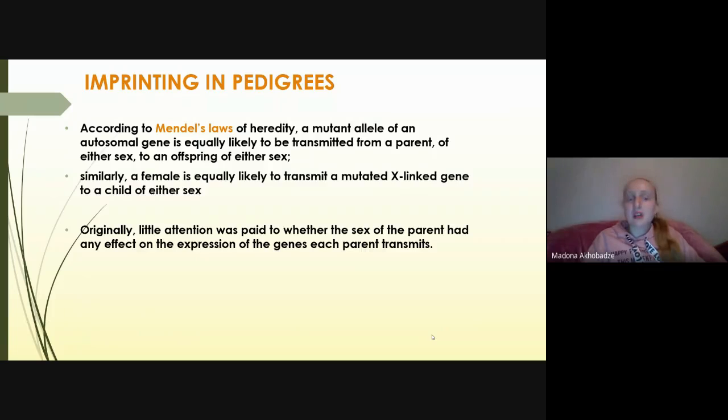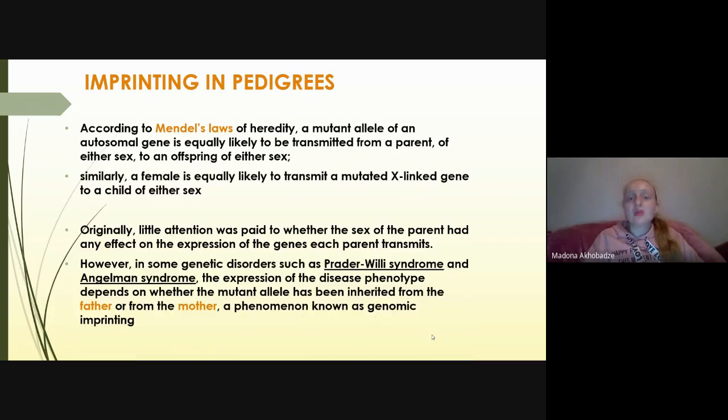Originally, little attention was paid to whether the sex of the parent had any effect on the expression of the genes, but in Prader-Willi syndrome and Angelman syndrome, the expression of the disease phenotype depends on whether the mutant allele has been inherited from the father or from the mother. That is called the phenomenon of genomic imprinting.